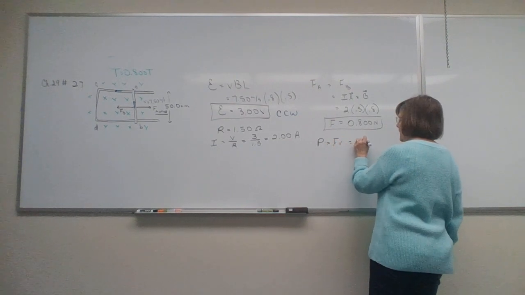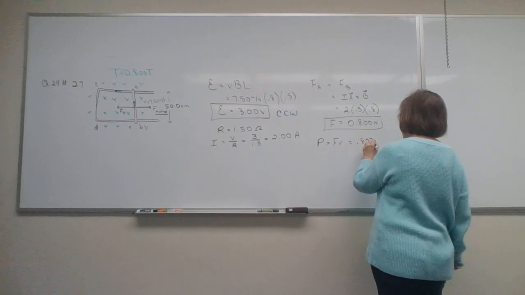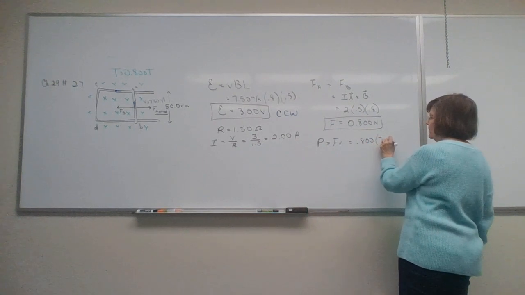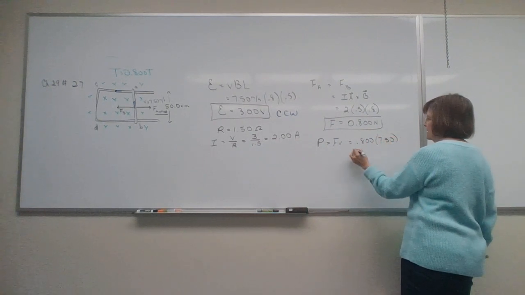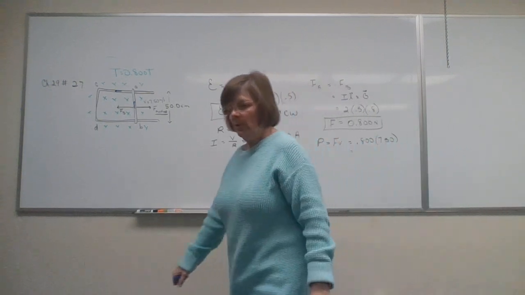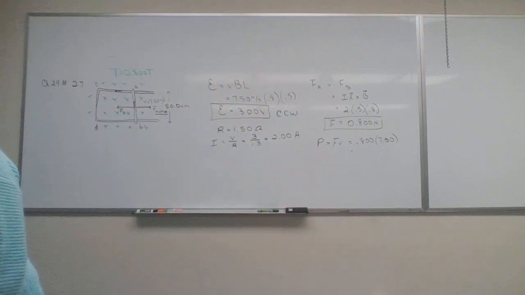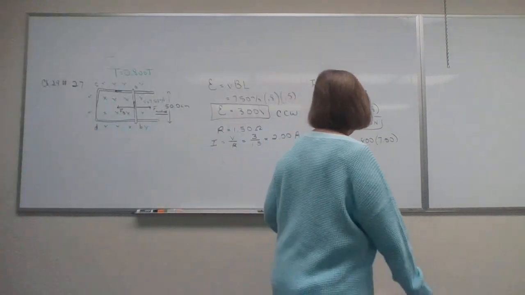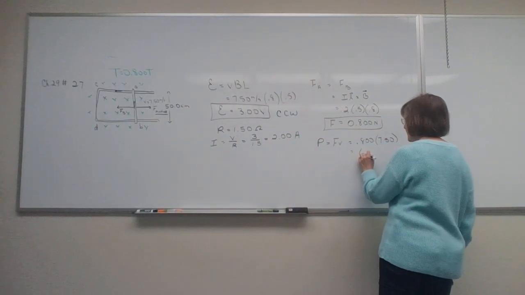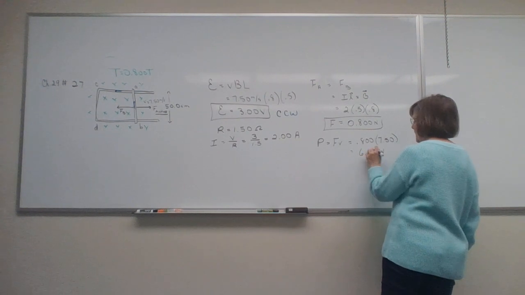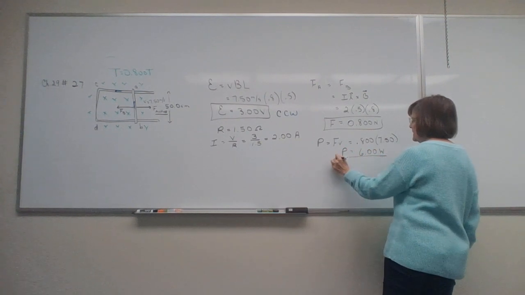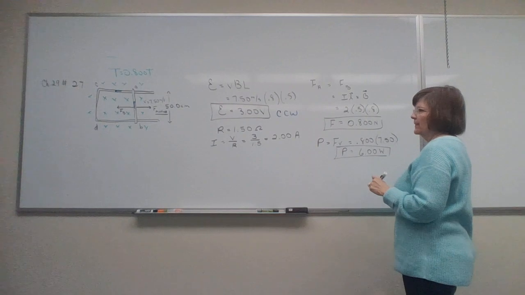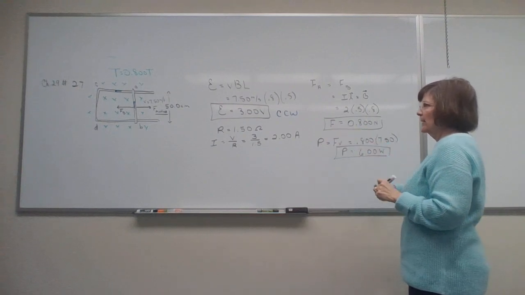That would be 0.800 times 7.5 meters per second. So 0.8 times 7.5 is exactly 6 watts. That's the mechanical power. That's what you're doing when you pull it.